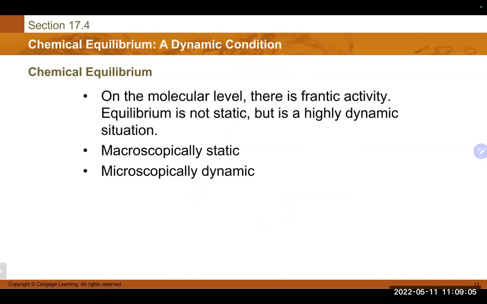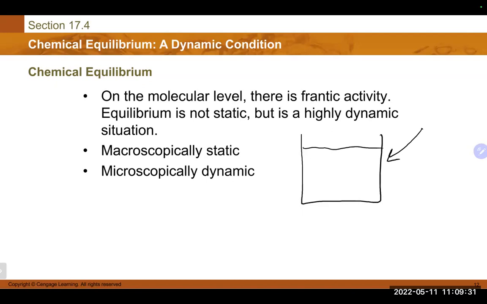Now, equilibrium is a dynamic process. If you look at one of these reversible reactions in a beaker, you may go, not much is happening at this point. The reaction is over. Maybe it turns red and stays red, and nothing else appears to be changing.